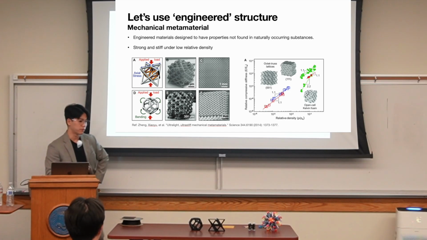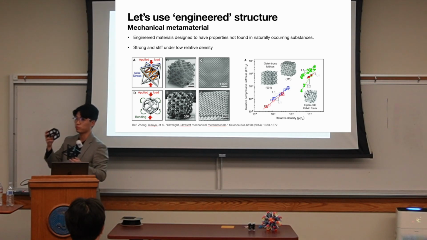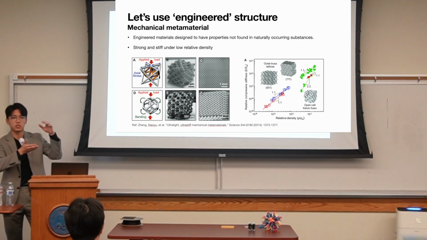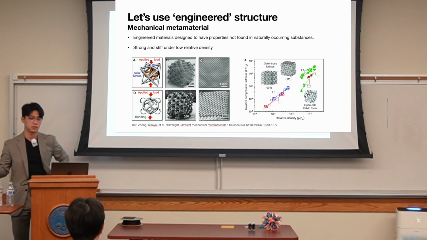And a good example of this would be things like octet truss or Kelvin foam structure that's able to maintain, it doesn't degrade the stiffness and strength exponentially, but rather it can sustain that strength and stiffness due to the architecture it has.